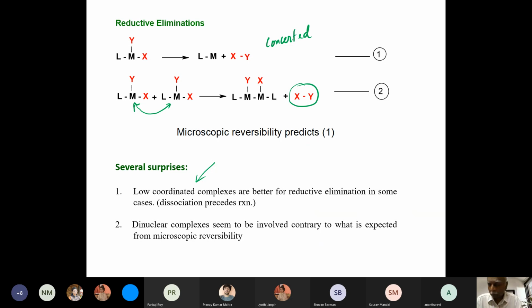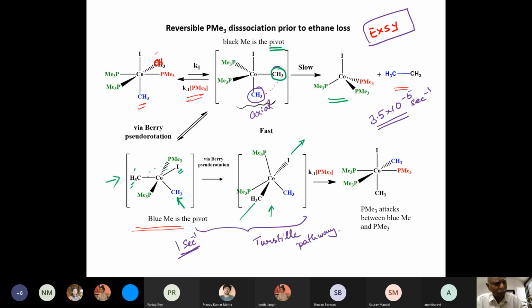Okay. So, before I conclude, let me tell you that whatever I have told you so far seems to suggest that a concerted elimination is the most probable pathway, but the reaction is not as simple as that. There is one more complication.